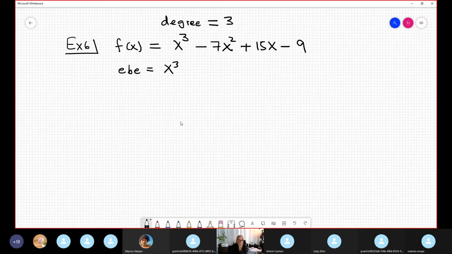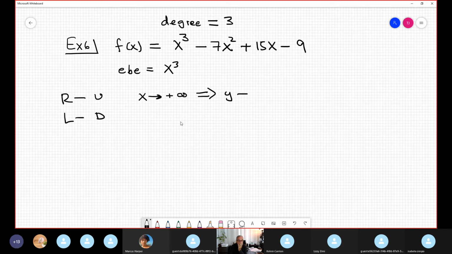What does it look like? Right up, left down. Remember, the exponent is odd: right up, left down. Very good.